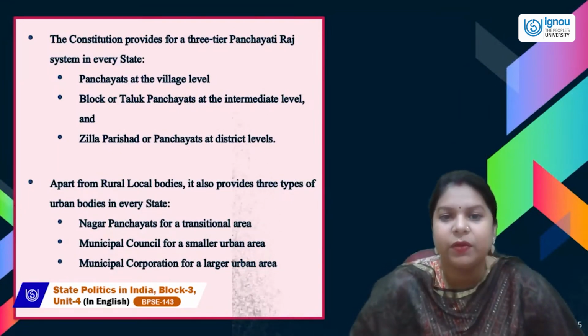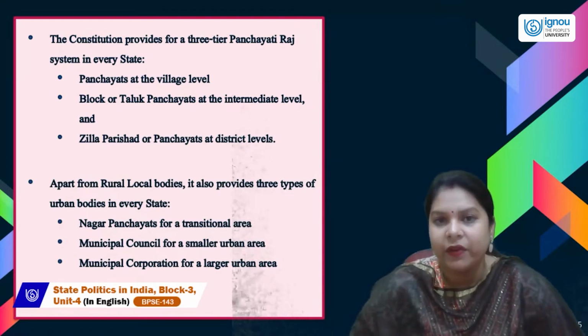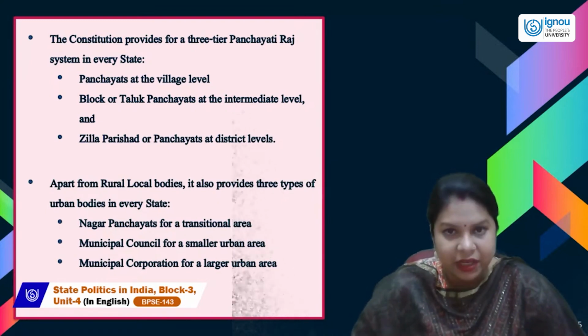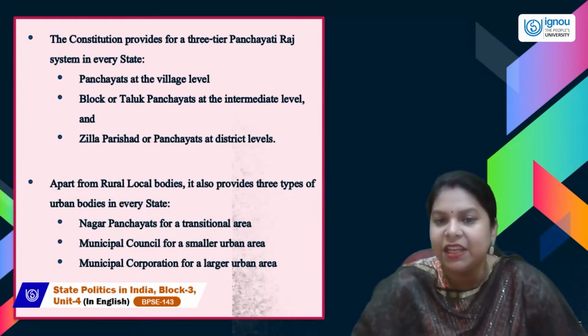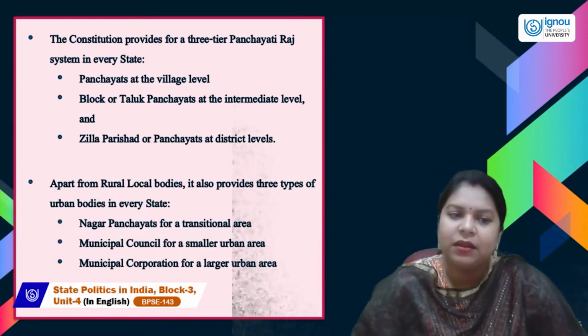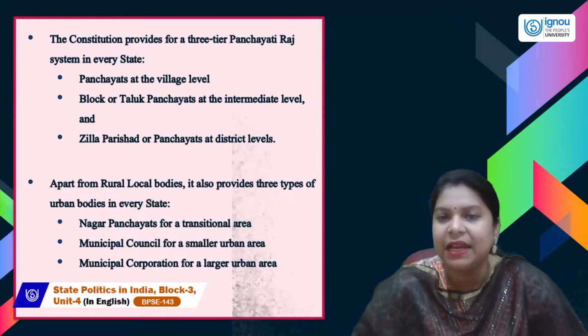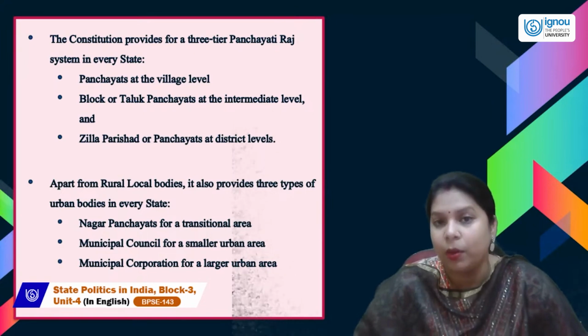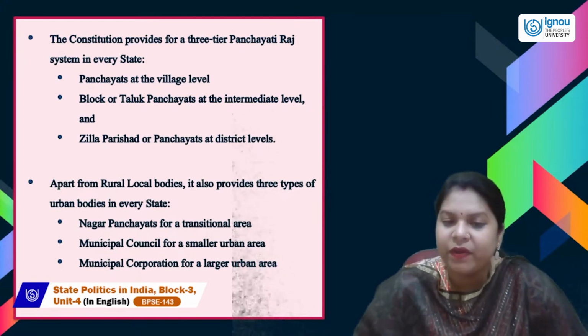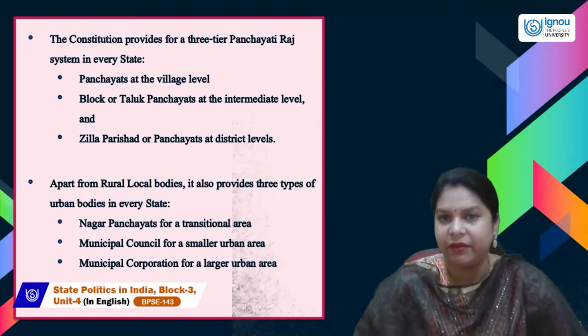What are these 3 tiers of the Panchayati Raj system? The first level is the panchayats at the village level. Second is the block or taluk panchayats at the intermediate level, and third is the Zilla Parishad or panchayats at the district level. Apart from rural local bodies, the Constitution also provides 3 types of urban bodies in every state.